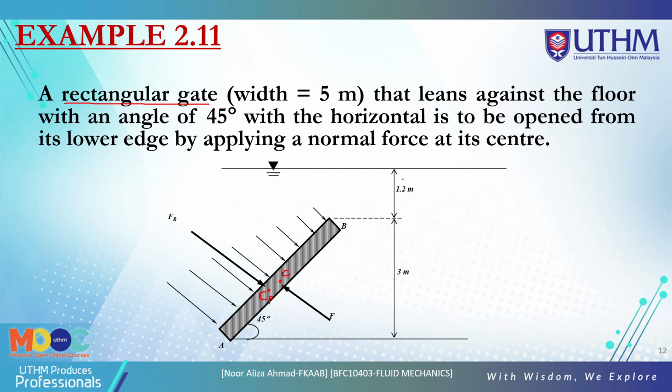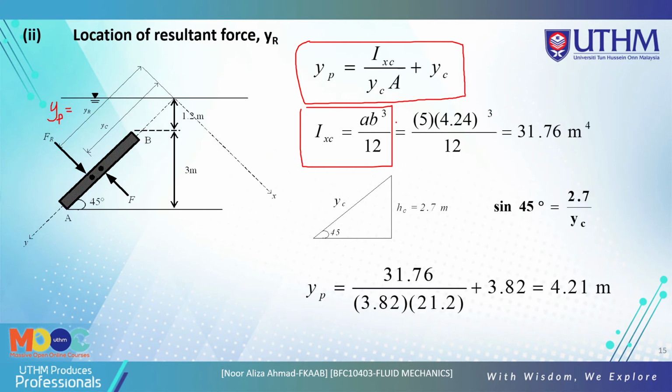Just put in the width and the length of this plane surface: 5 times 4.24 to the power of 3 divided by 12. So you get the value here.